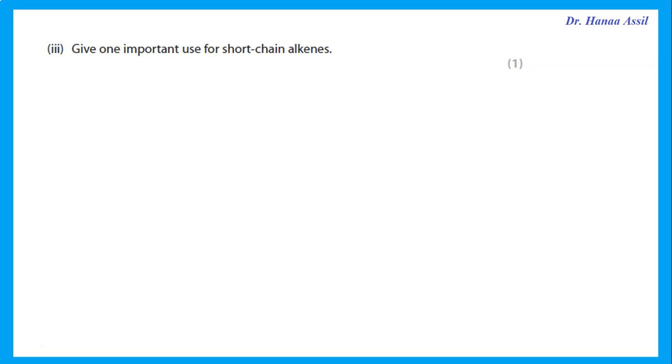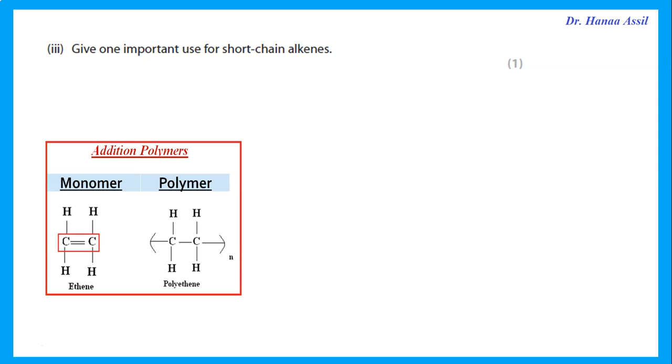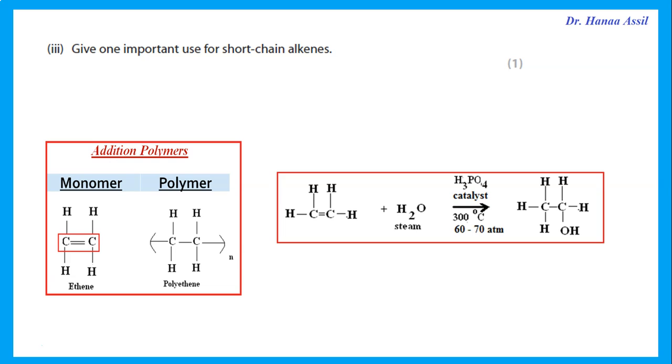Give one important use for short chain alkenes. So what comes out from cracking, we said, are things like ethene, propene, butene. What do we use these for? Well, we use the alkenes either to make polymers, or we use them to make alcohols like ethanol.